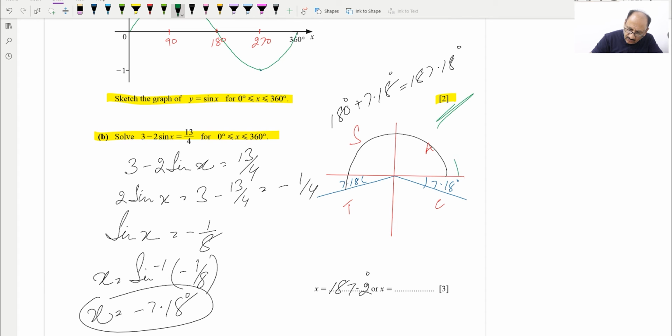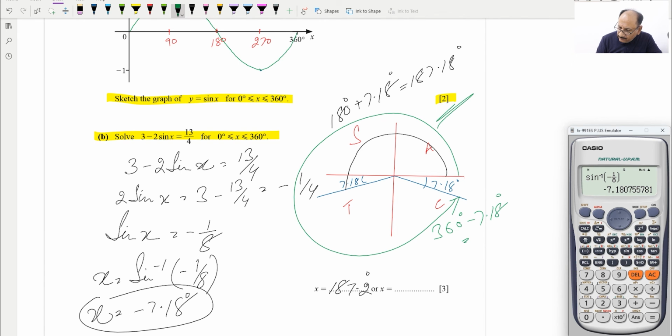And the second angle will start again from the 0 line and go up to this one. So it will be 360 minus 7.18 degrees, and this is giving us 352.82.